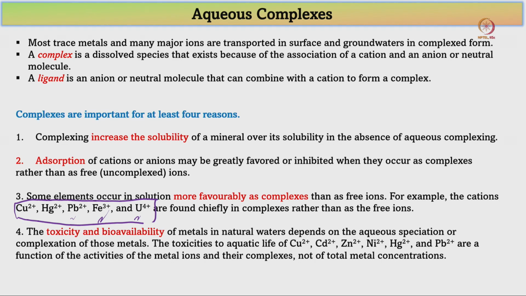Okay. So, say I have 50 micrograms per liter of lead. Now, this is an extremely high concentration of lead, but out of that, if I see that 49 micrograms per liter of lead is complexed in a form that is not bioavailable, extremely difficult for any plant species or animal species to take up, then I will say only the effective bioavailable amount is this 1 microgram per liter.